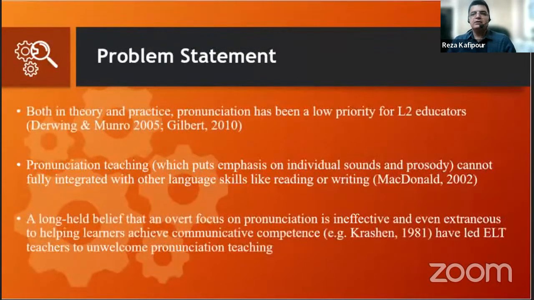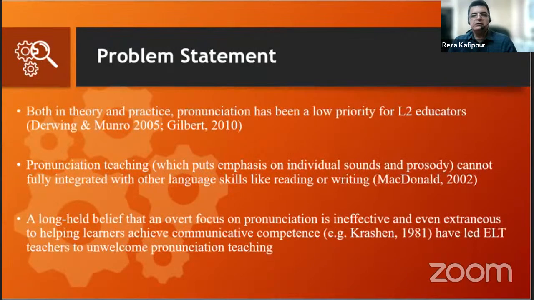Now, let's see what are the problems that motivated me to do research on pronunciation teaching. In both theory and practice, pronunciation has been a low priority for second language educators.